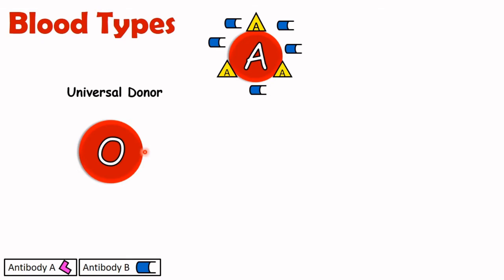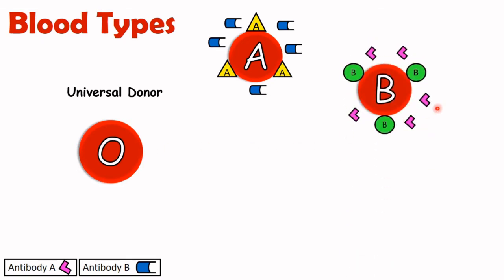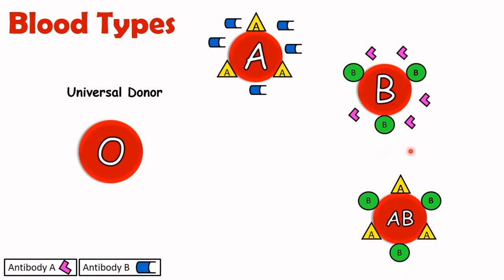It is the same with the blood type B, where they have the B antigen on the surface and they have the antibody A. These antibodies cannot destroy the O blood type. This is because there is no antigen present here. Of course, for the AB persons too, they don't have any antibodies, so there would not be any reaction at all.